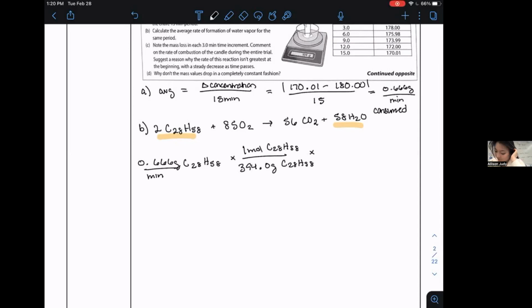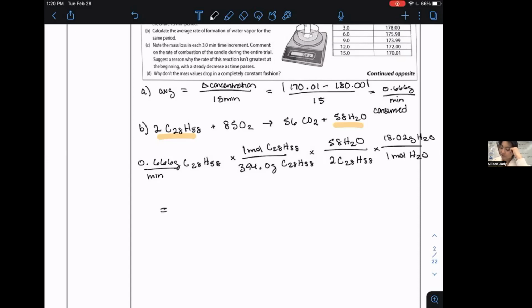We also know that for every 58 H2O produced, we consume 2 C28H58. And we know that for every mole of H2O, we have 18.02 grams of H2O.